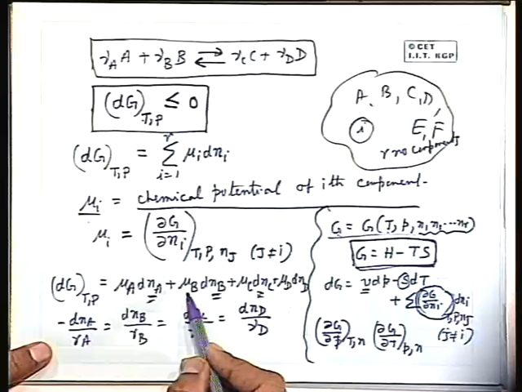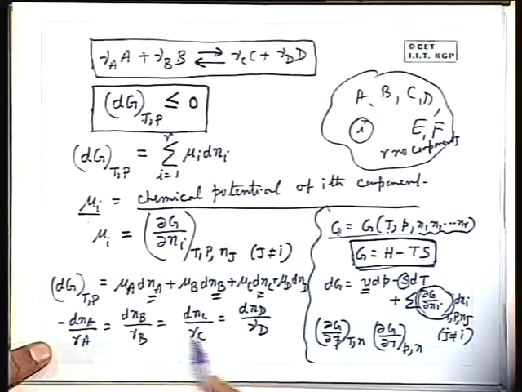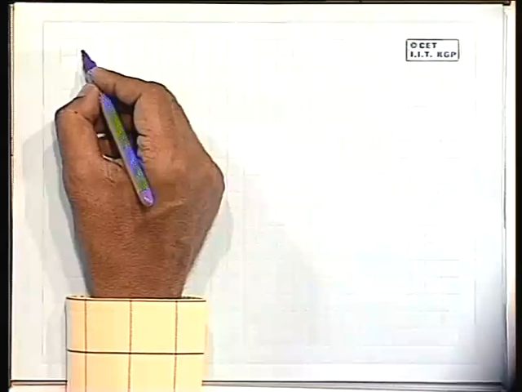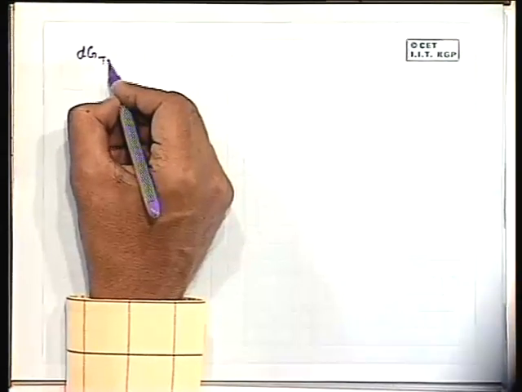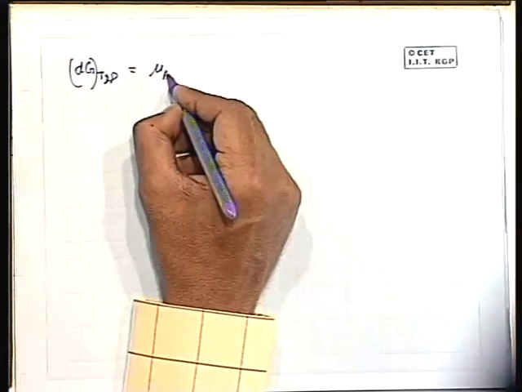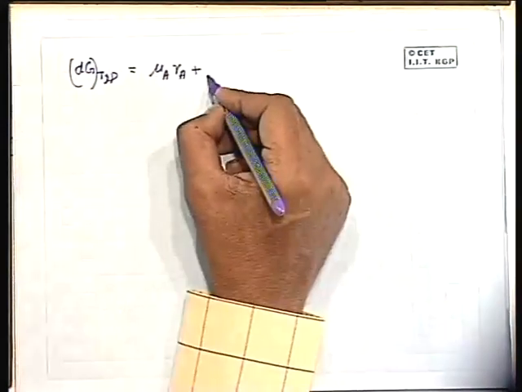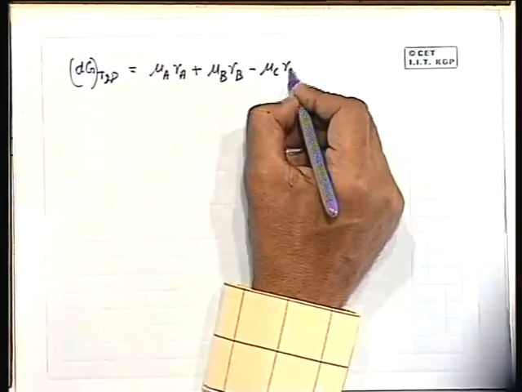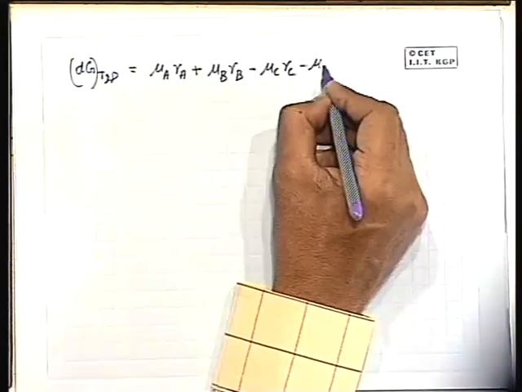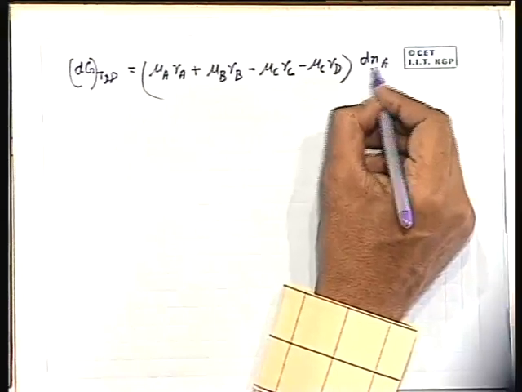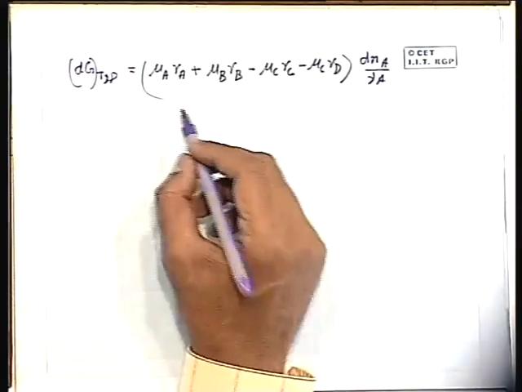If you use this here, then what results do you get? dG at constant temperature and pressure is equal to, if you write this way, mu A gamma A plus mu B gamma B minus mu C gamma C minus mu D gamma D times dNA by gamma A, that means any of the reactants has to be there.